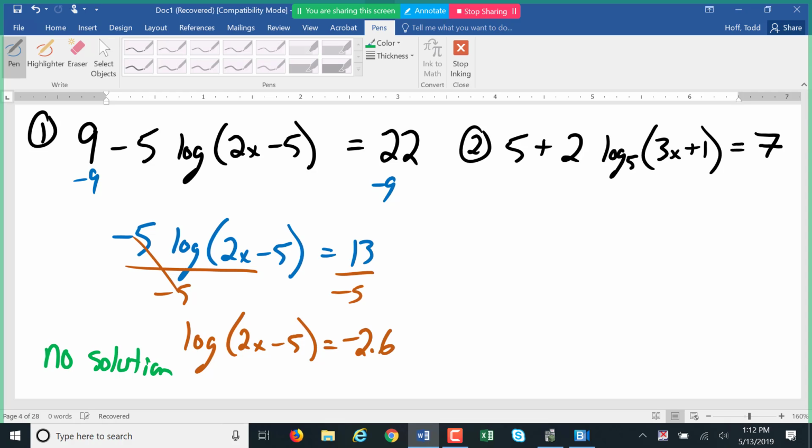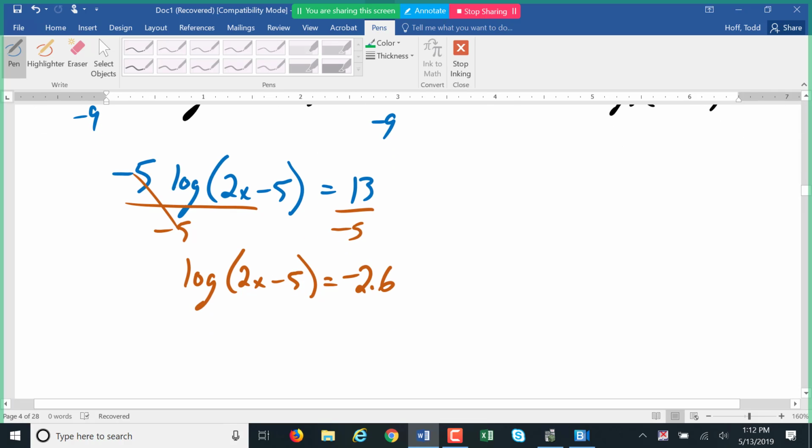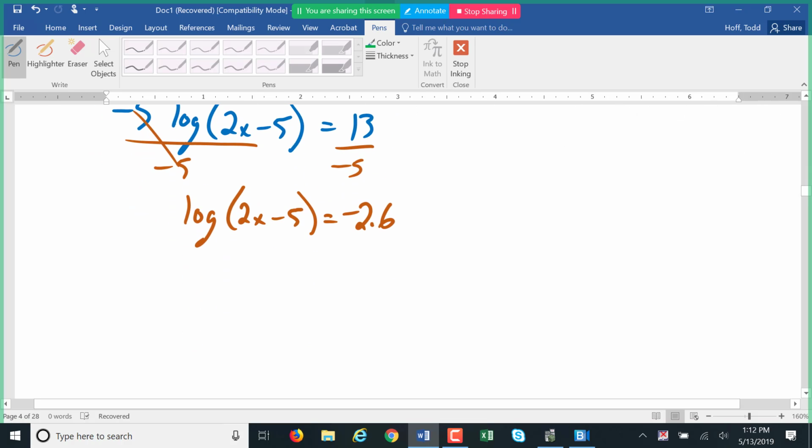And at this point, we know that there is no solution, right? We can't have a log equal negative. No. An exponential cannot equal a negative. A logarithm can. Because to solve this, what are we going to do?